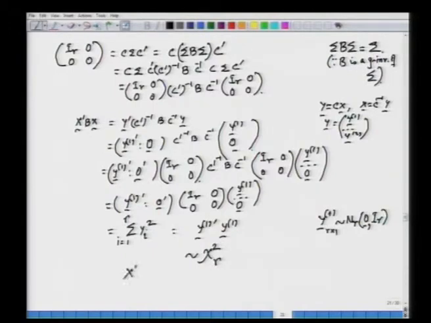So, for X transpose B X, the covariance matrix sigma of X was not positive definite, but just positive semi-definite with rank equal to r, which was strictly less than the dimension p. And the only thing that we assumed here is something about this associated matrix B. We have taken B as one generalized inverse of sigma. Okay, so this proof is complete at this step.